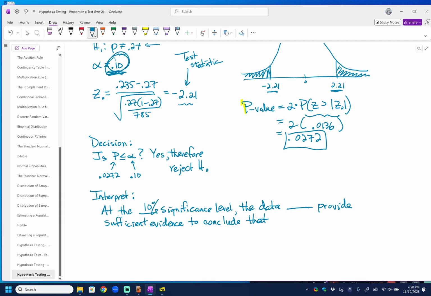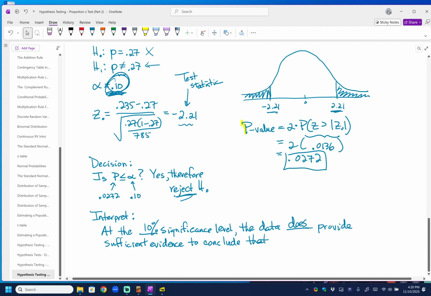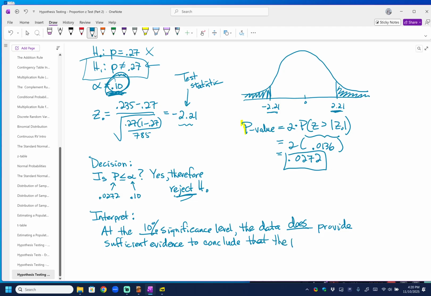We rejected H naught, so the data does provide sufficient evidence, and then we would just restate our alternative hypothesis that the proportion of student smokers differs, or you could say is not, but since they use the word differs in the problem, we'll go with it, differs from 27%.